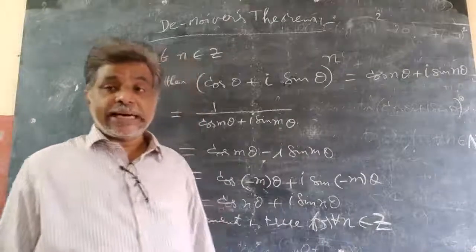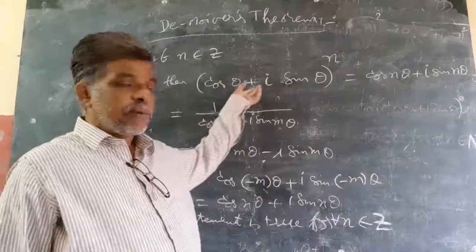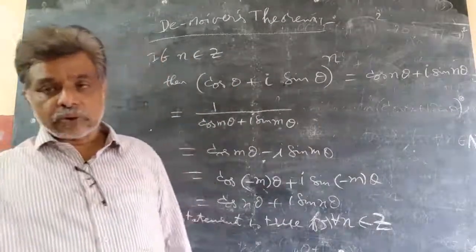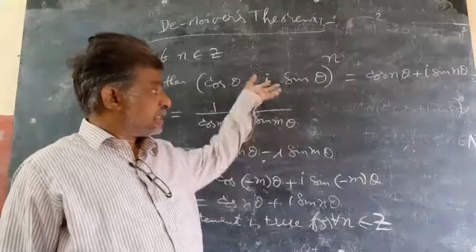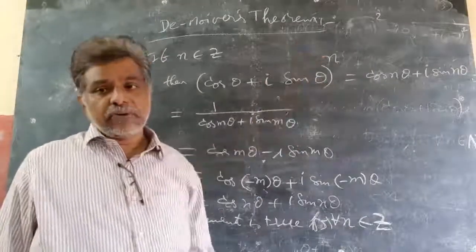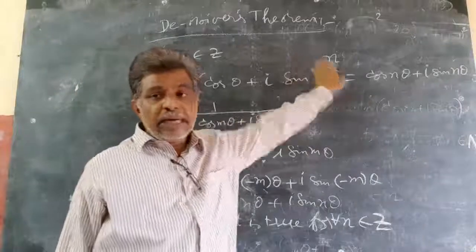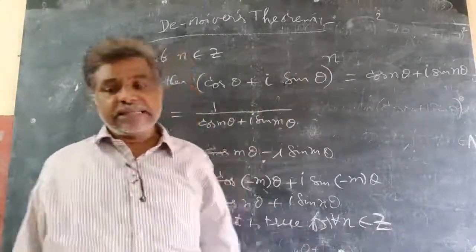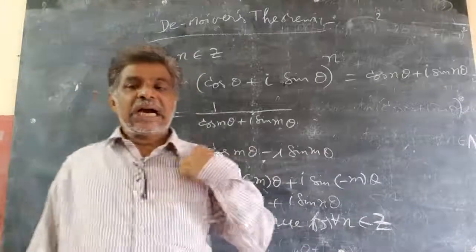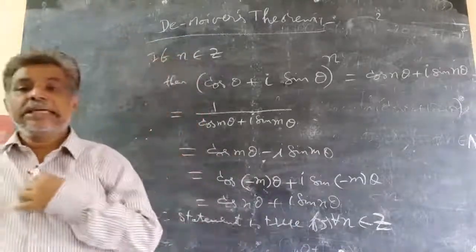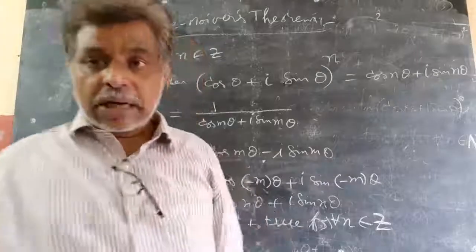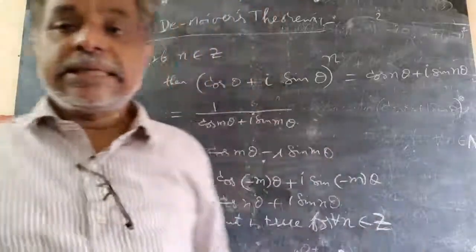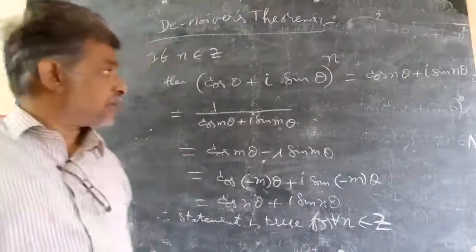So this is called De Moivre's theorem for integral powers. This index should be only an integer, then we can write cos theta plus i sin theta whole power n equal to cos n theta plus i sin n theta. This is De Moivre's theorem.